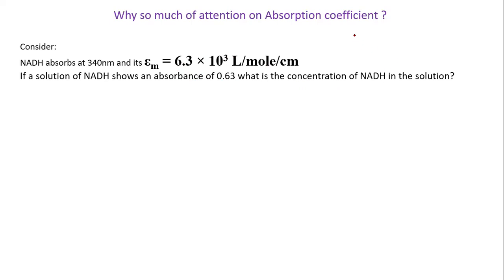So when I dissolve 1 mole per liter of NADH and check its absorbance at 340 nanometers, the wavelength at which NADH absorbs maximally, it will give me an absorbance, capital A, equal to 6.3 into 10 raised to 3. Is this much fine? Right?